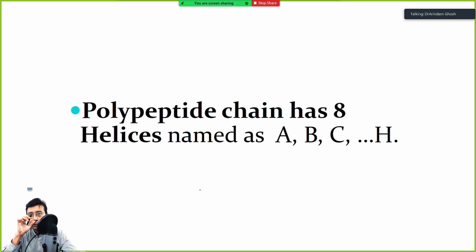You know secondary structure, helix, turn, helix, and super secondary structure, right? Before the tertiary structure, if we look into the secondary and super secondary structure, there are multiple helices, plural of helix. We now know that it has 8 helices named A to H: A, B, C, D, E, F, G, H.